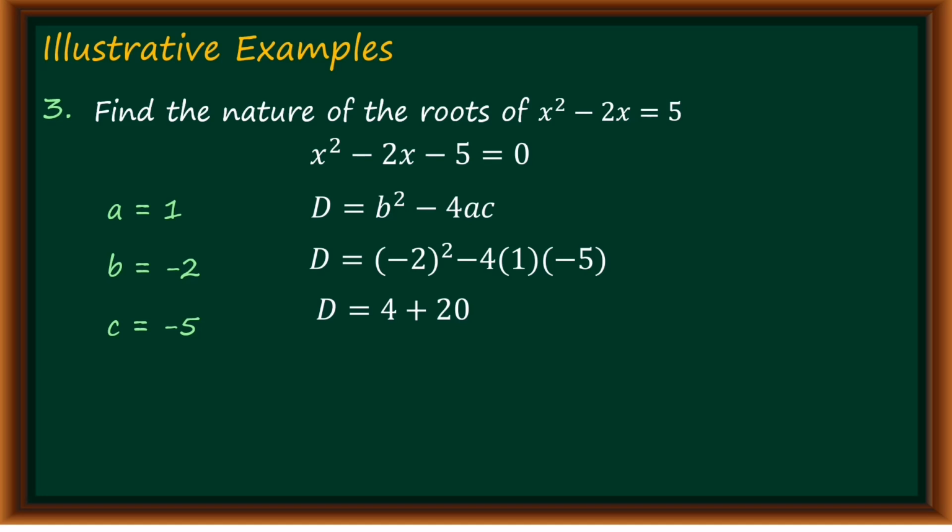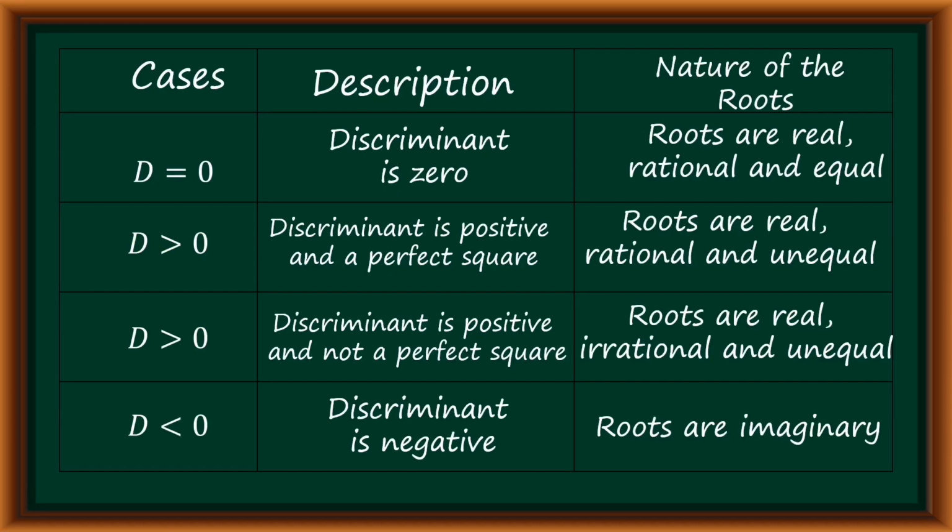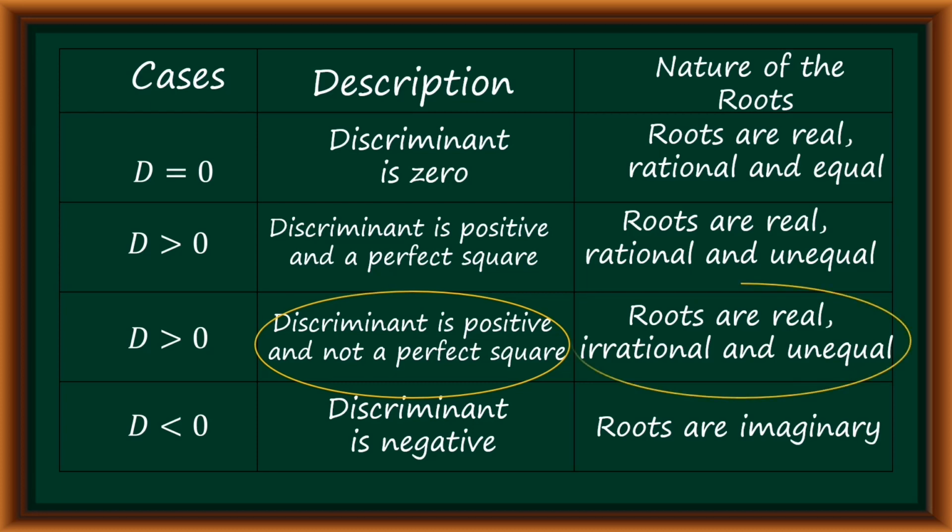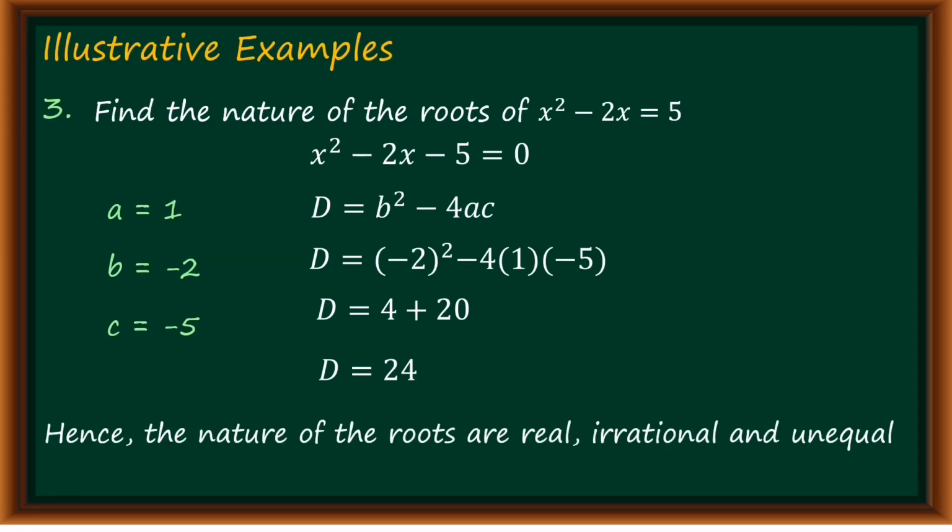And then 4 plus 20 is equal to 24. So our discriminant is 24. In the cases of the discriminant, 24 is positive and not a perfect square, and the nature of the roots are real, irrational, and unequal. Hence, the nature of the roots are real, irrational, and unequal.